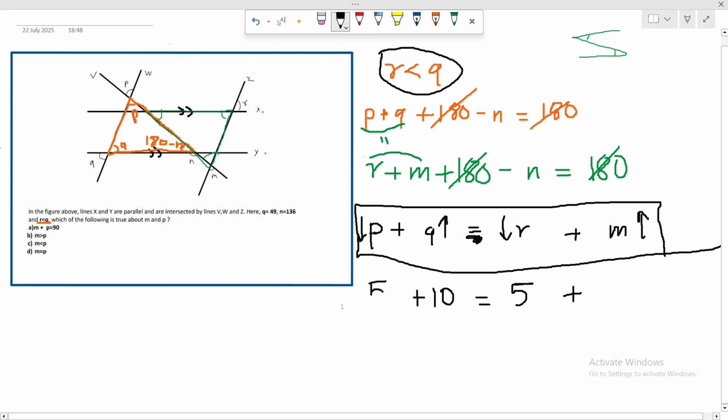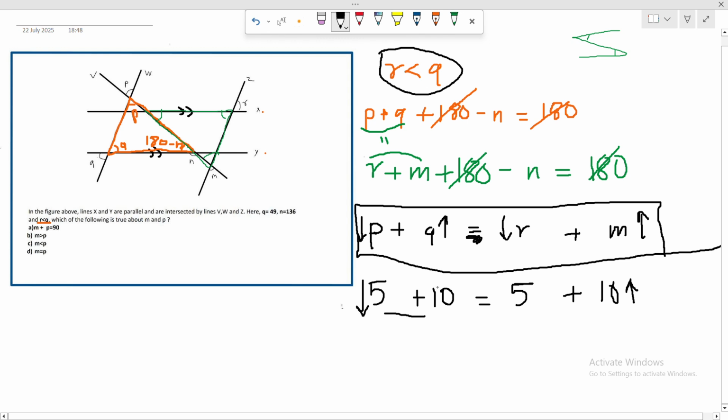If p is 5, what will be the sum? It will be 15, and here also it should be 15, so it is already 5, so here it should be 10. So what we got, m is big and p is small.